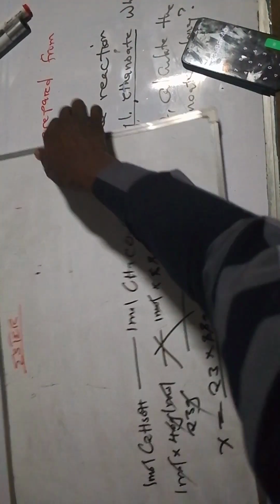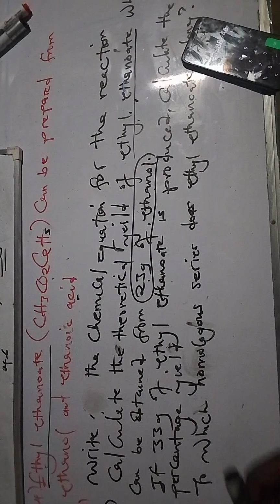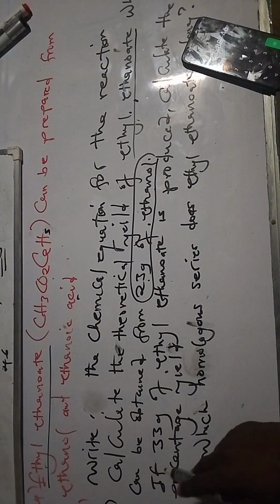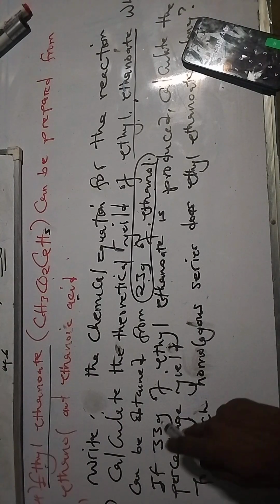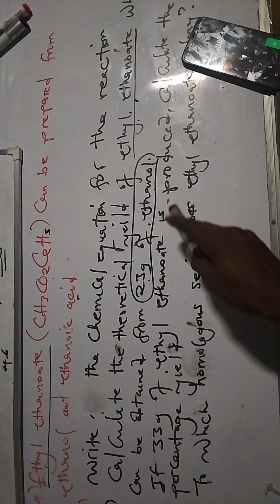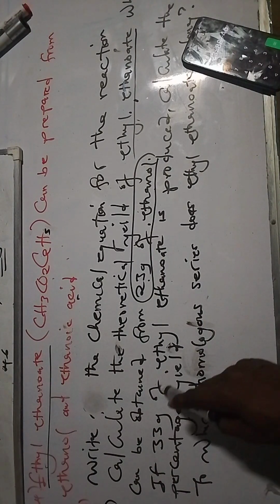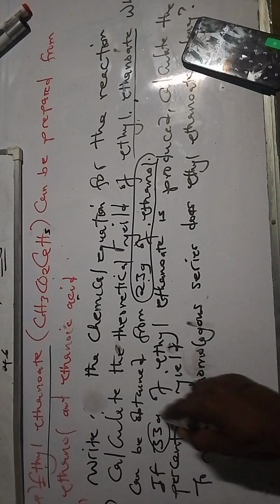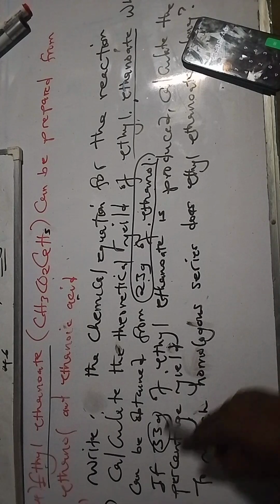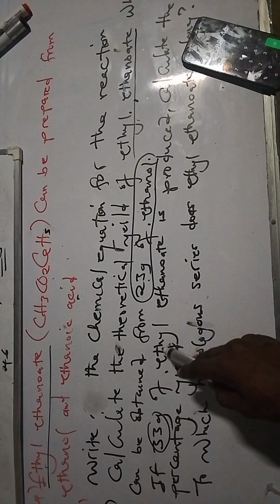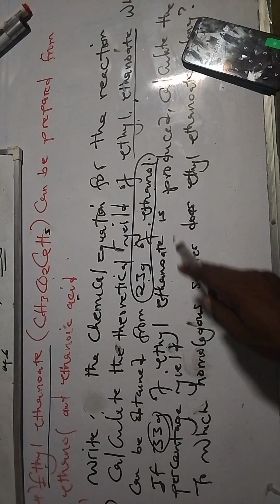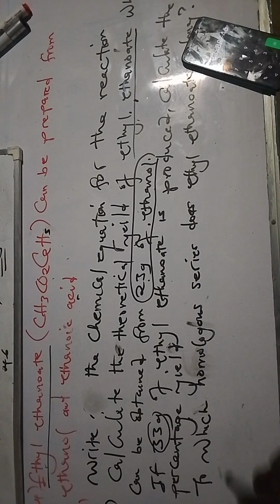Then the next part, the next question they are saying, if 33 grams of ethyl ethanoate is produced. So this is what we call the actual yield. The actual yield has been given. Calculate the percentage yield.